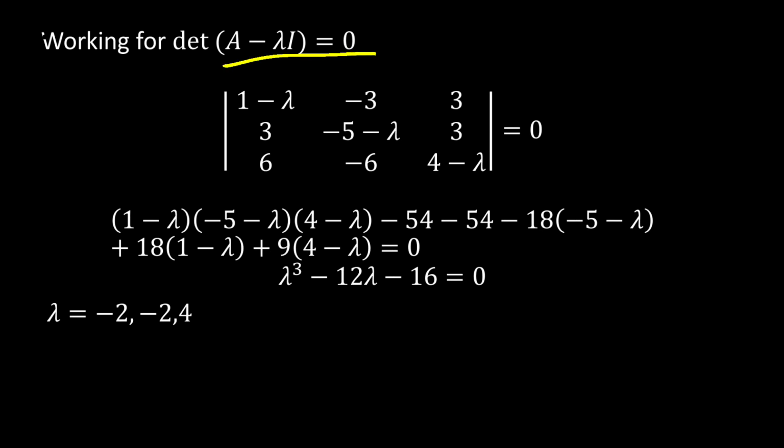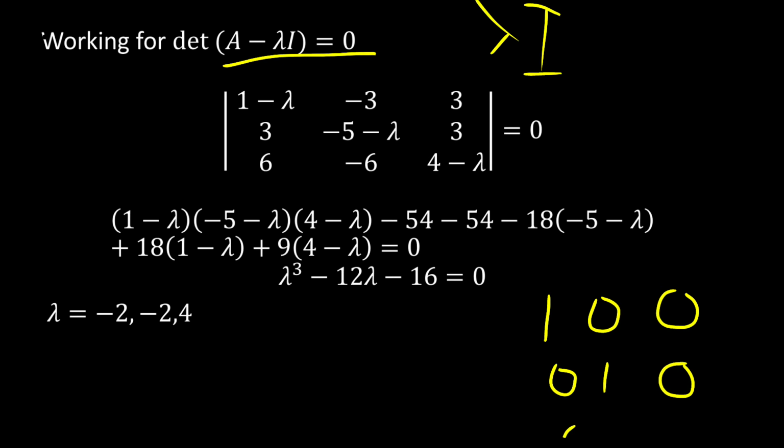So remember, lambda I, where I is the identity matrix. For this case, it is n by n, which is 3 by 3. So our identity matrix is 1 0 0, 0 1 0, 0 0 1.